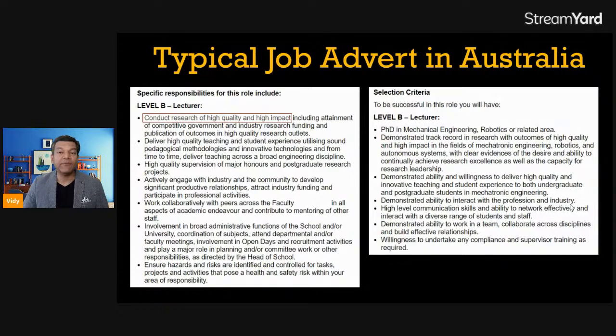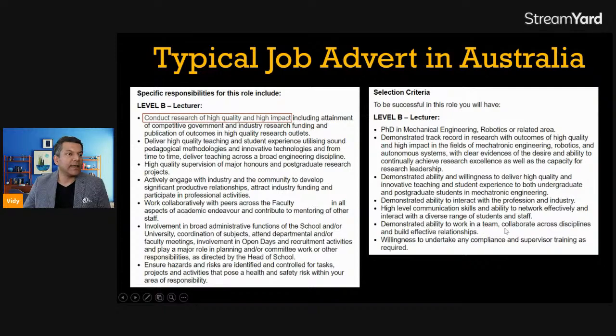You should do everything possible to connect with the people in your area. High level communication skills and ability to network effectively and interact with a diverse range of students and staff. Again, this is the experience that you will get if you get onto teaching.